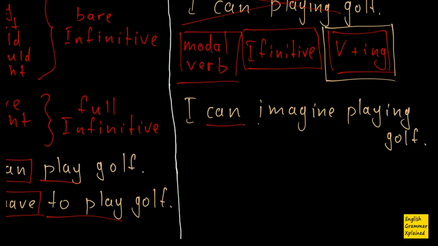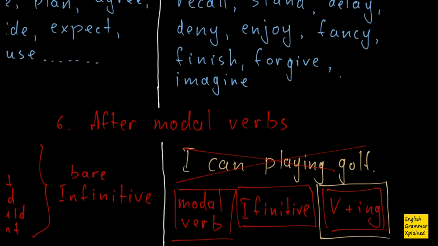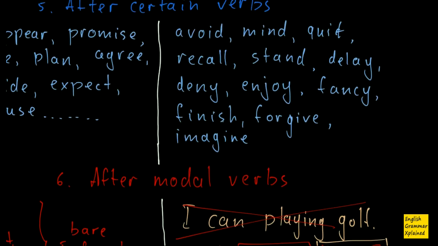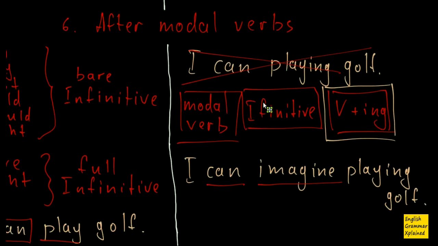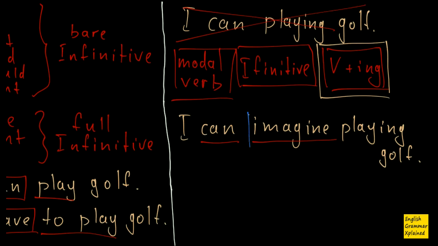Then I put my bare infinitive, because bare infinitive is used after can. And then I put ing form here. So, how can I know that ing form is used after imagine? Well, let's go up. And here I have imagine. So, after imagine, I can put ing form. And I do it. Easy.